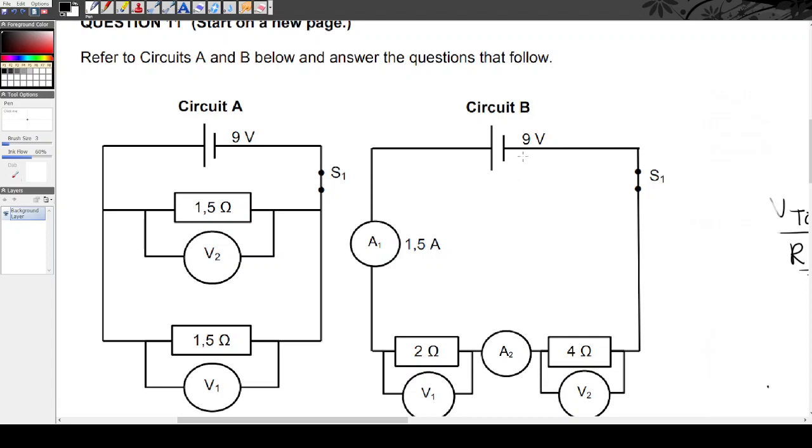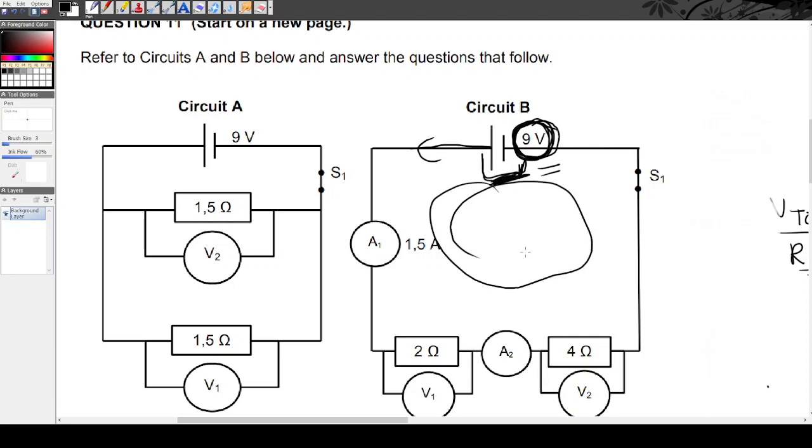We're trying to define what EMF is. EMF is the maximum amount of voltage that a battery or a cell can supply to the circuit. So in other words, this cell will provide a maximum amount of energy, which is in volts. It will supply this 9 volts to the circuit. It can only provide 9 volts.